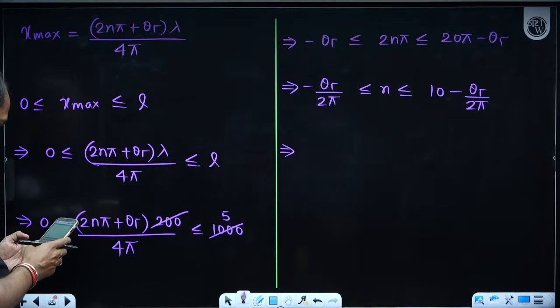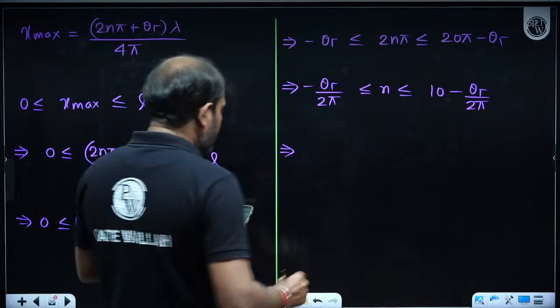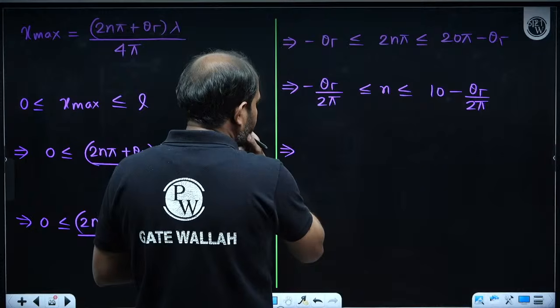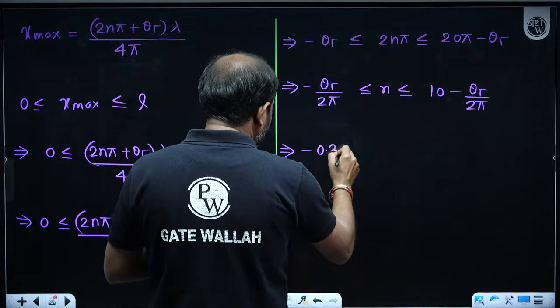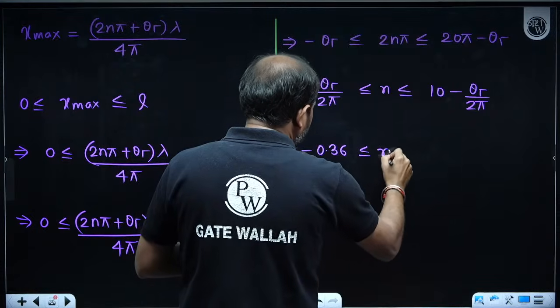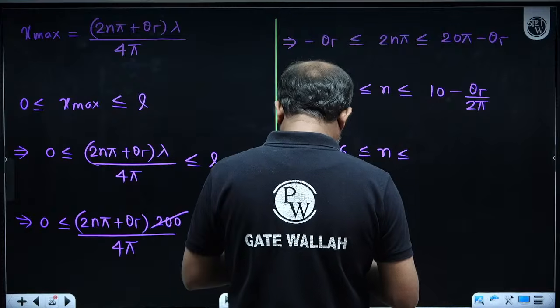Theta gamma is 13 by 18 divided by 2, it will be 0.36. So n lies between minus 0.36 and 10 minus 0.36.